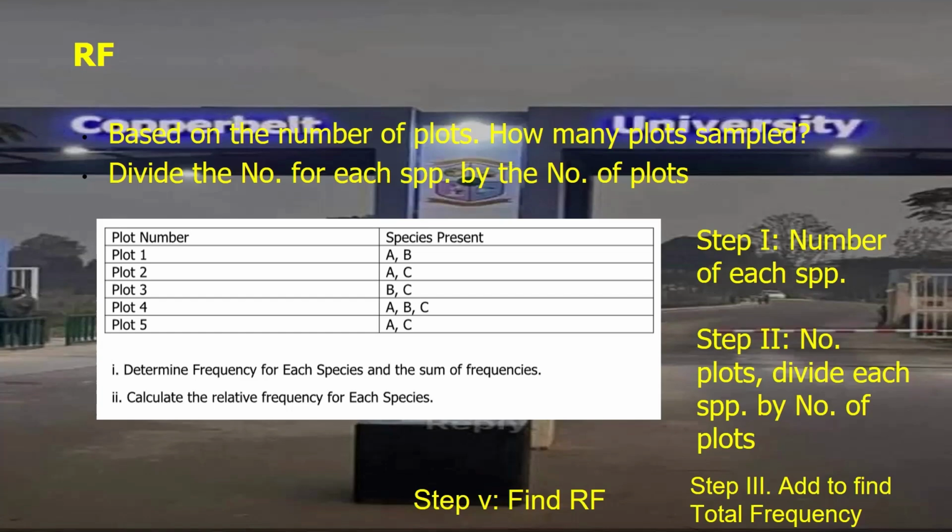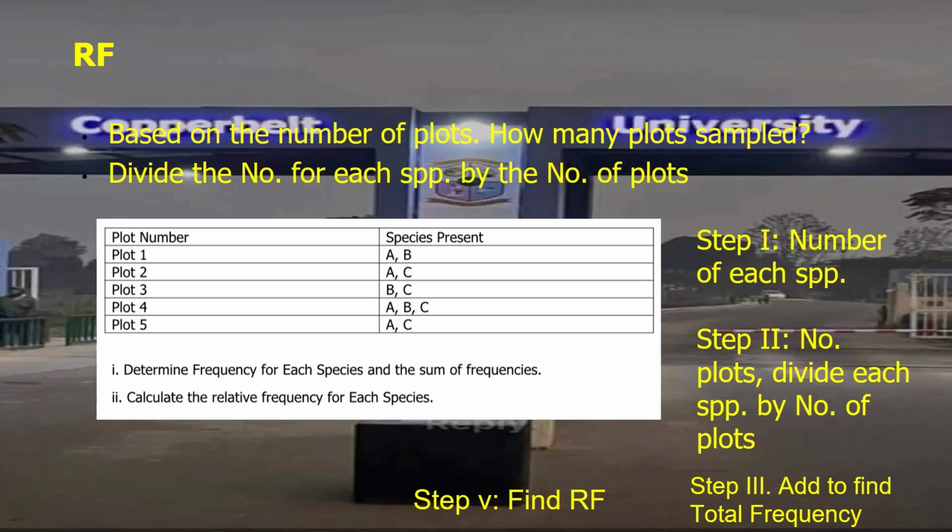So in plot number 1, we have species A. We also have species B. In plot number 2, we have species A and we have species C. In plot number 3, we have species B and we have species C. In plot number 4, we have all the species. We have species A, species B, and species C. And in plot number 5, we have species A and species C. These are the species that are found in these 5 different plots.